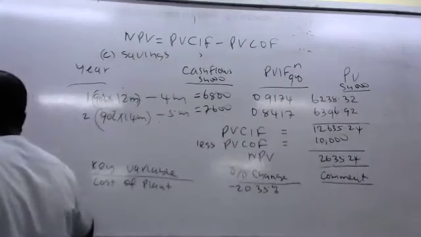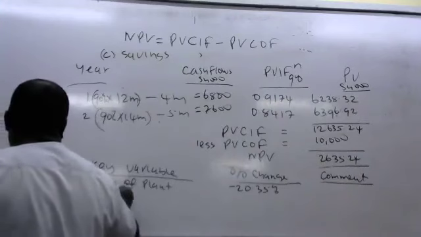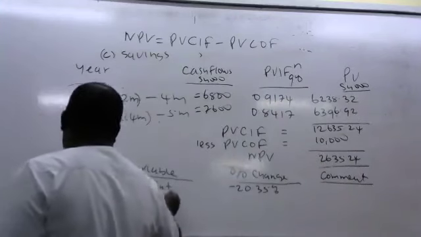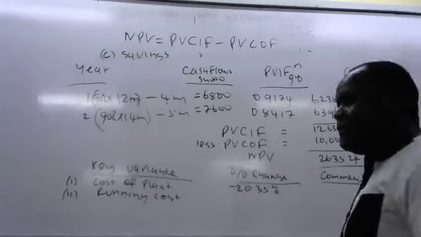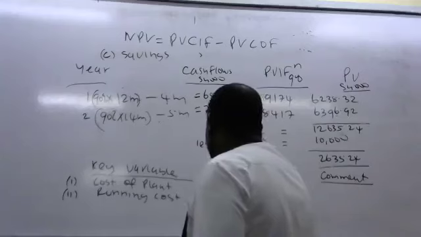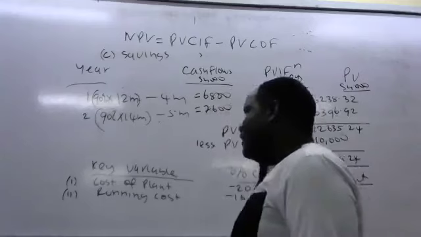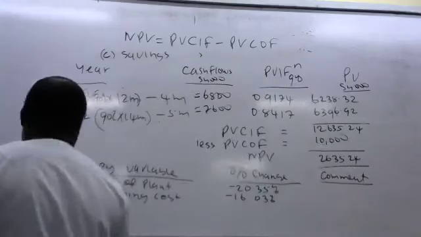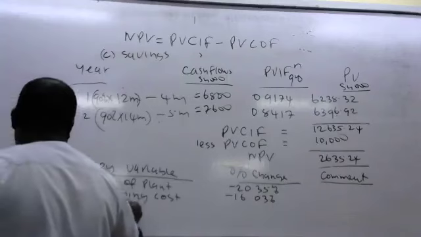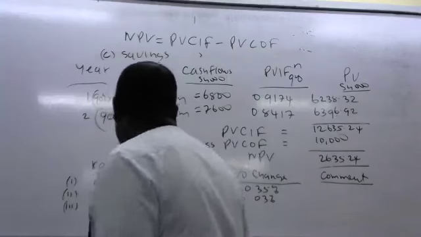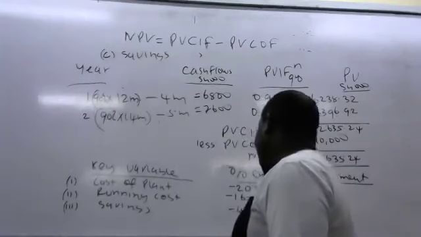Then the second one was running cost, ilikuwa ngapi? 16.03. Then the third one is savings, inakuja na negative 46.38%.